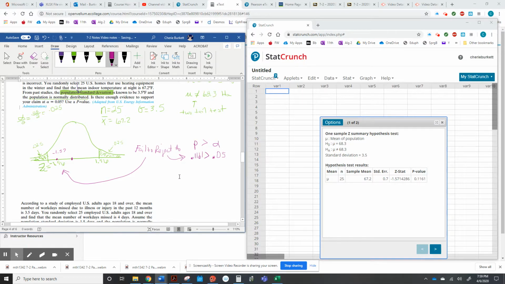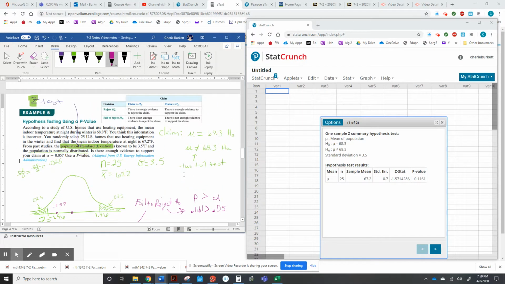Now, how do we determine what our sentence is? Okay, so you go back and you see my claim is my null, and I failed to reject. So here's my sentence.